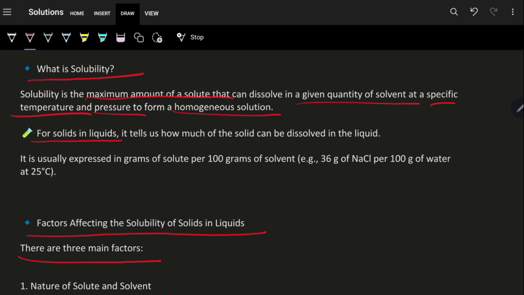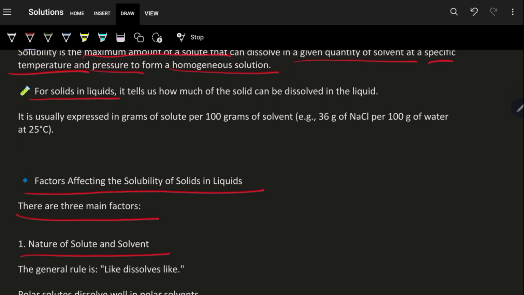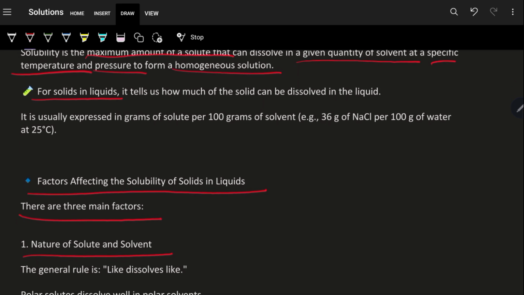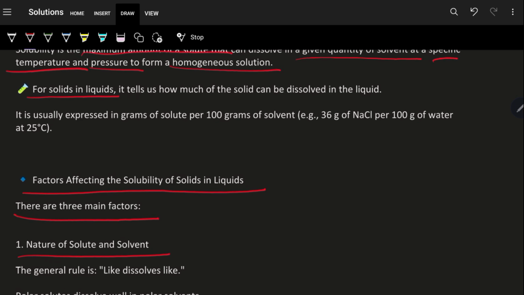That is known as solubility. So when I discuss this for solid in liquid, that means how much of the solid solute can be dissolved in a particular amount of the solvent. I have taken it as per 100 gram of the solvent. So it tells how much of the solid can be dissolved in a liquid solvent.